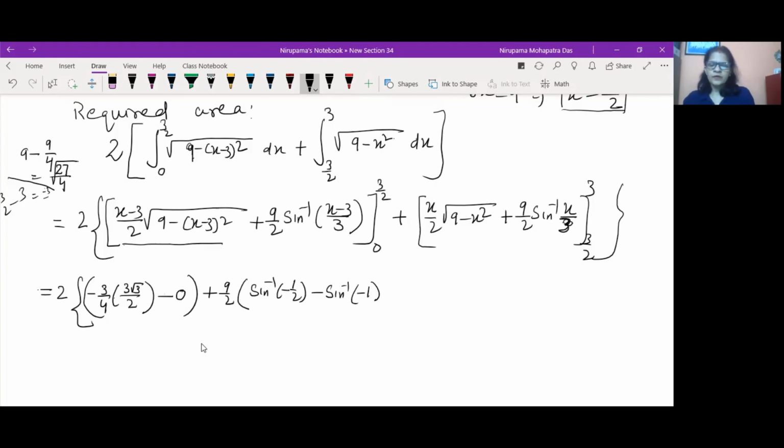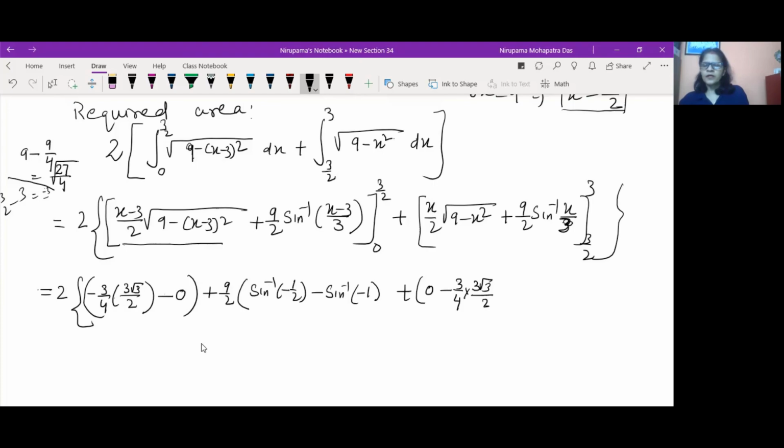Okay, done. Now coming to the second bracket. Upper limit 3. So 3 by 2 into 0, 0. Minus, here it is 3 by 4. Now 9 minus 9 by 4. Okay, 9 minus 9 by 4 you are getting 3 root 3 divided by 2.